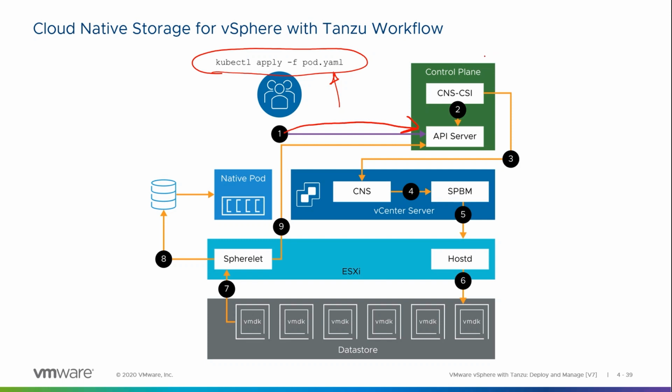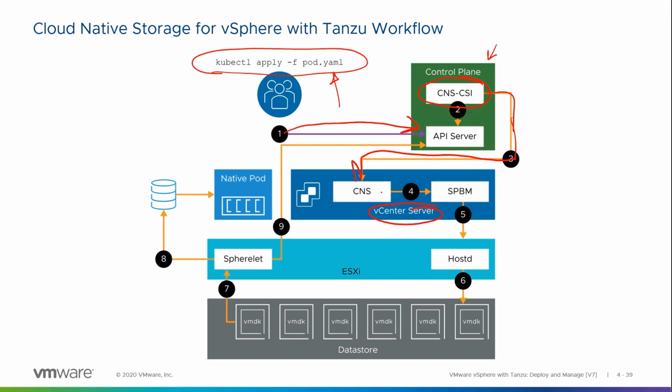That is running here on one of my supervisor control plane nodes. One of those control plane nodes is running a service, it's actually a pod, that is the CNS to CSI interface. That's going to pass that information over here to the virtual center server where the CNS is actually running.